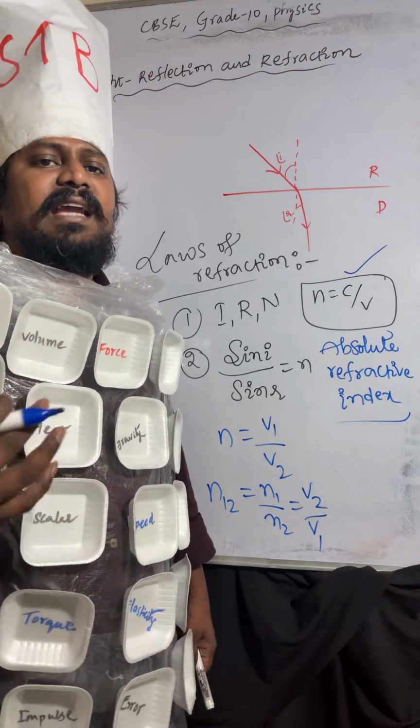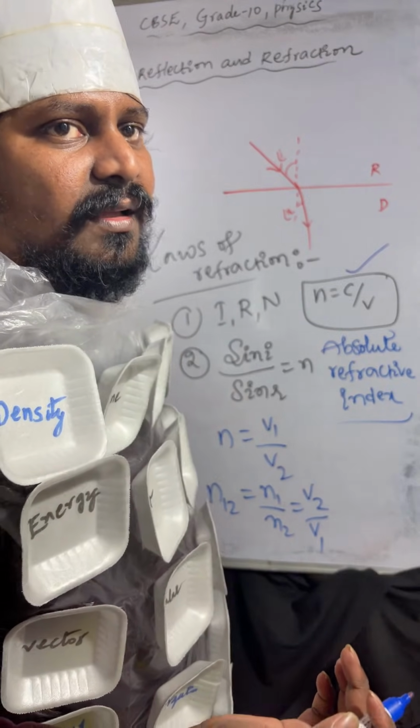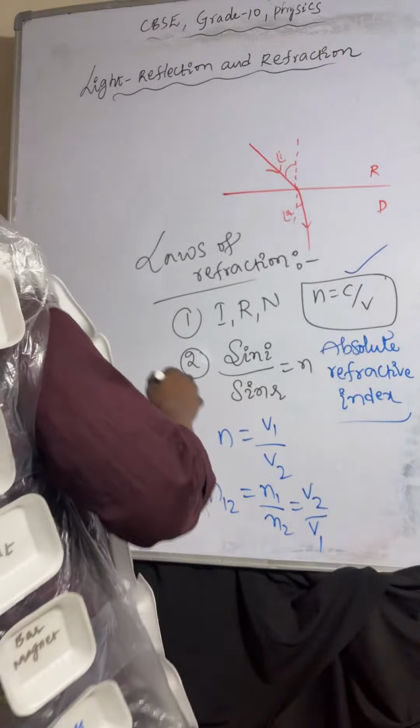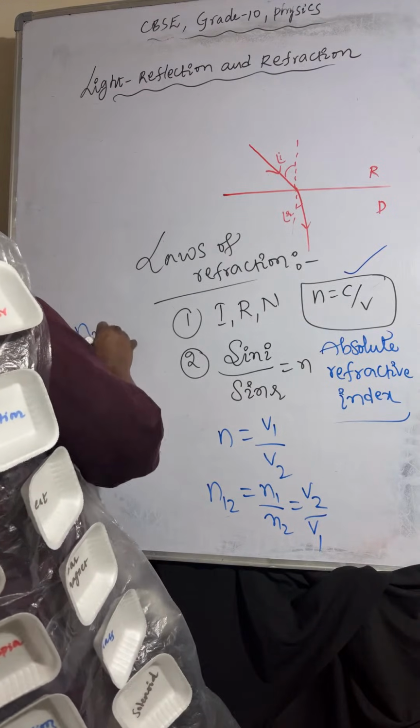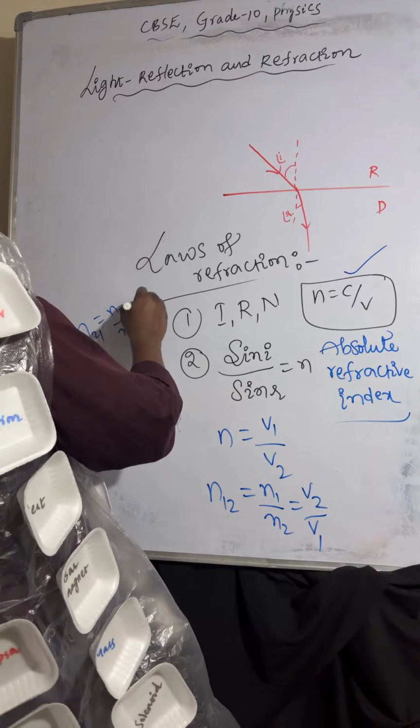That can also be written like this: n21 equals n2 by n1 equals v1 by v2.